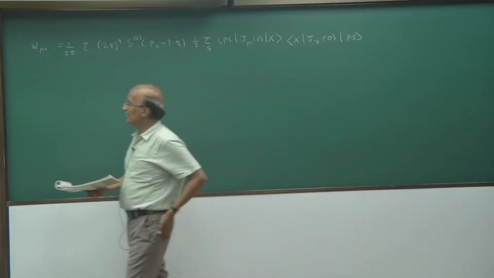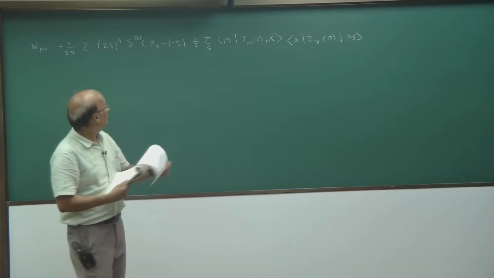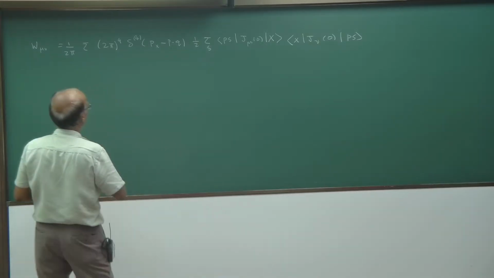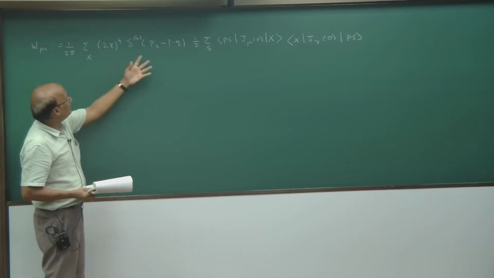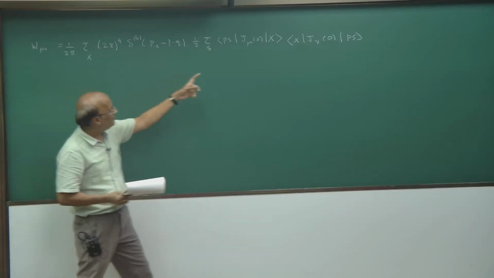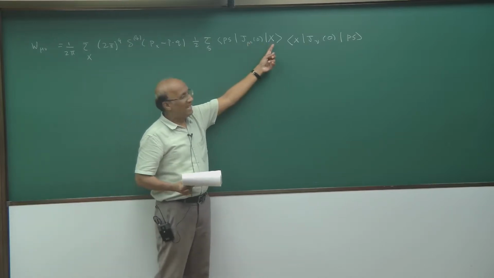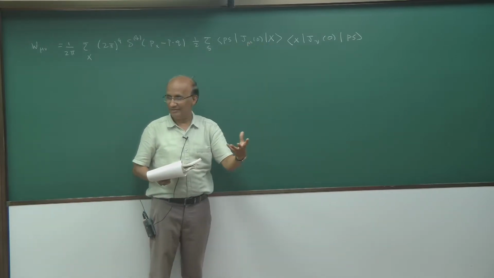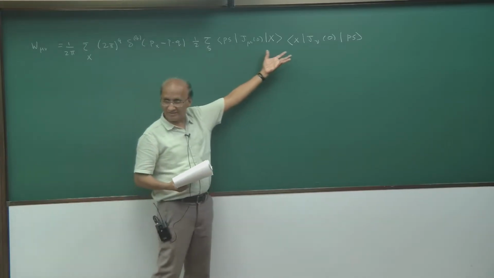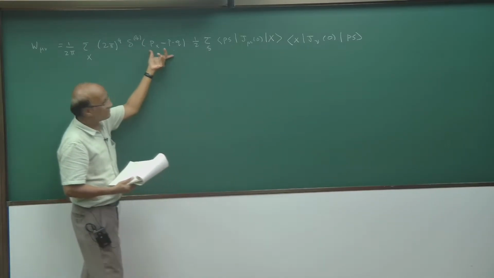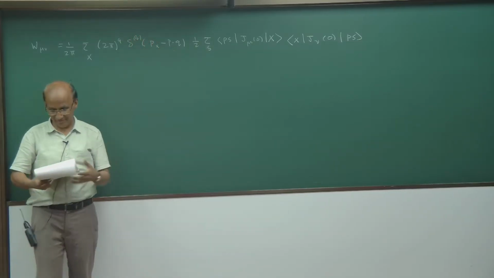Sum over x, correct. Note that this summation at this stage is quite non-trivial, because there is x hanging around. Unless I know what j acting on x looks like, I won't be able to do this summation. So I kept it as it is, and this px is appearing in this expression.